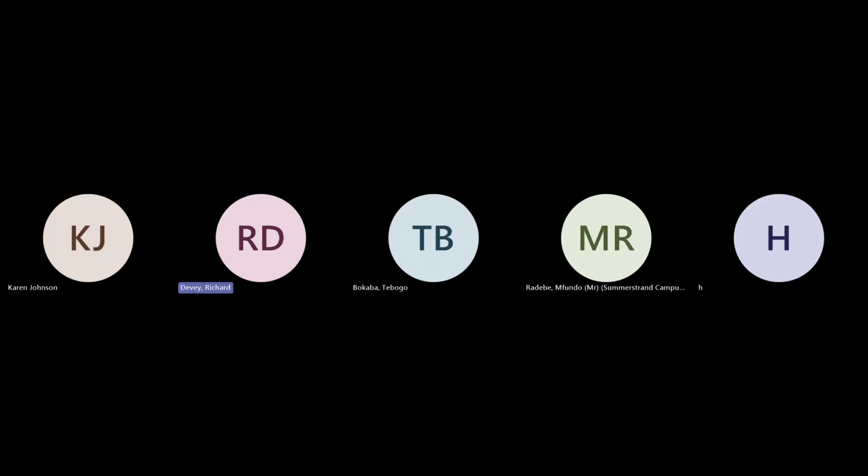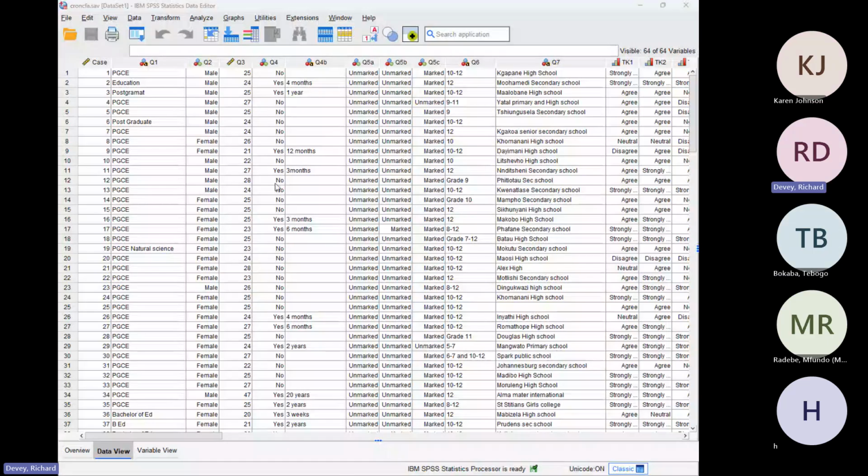Let's go back here. Okay, so this is a program called SPSS, which is a program we use for statistical analysis. I'm going to go through the program in more detail in a later session when we get to analysis. But I just want to show you how we would do a Cronbach's alpha.